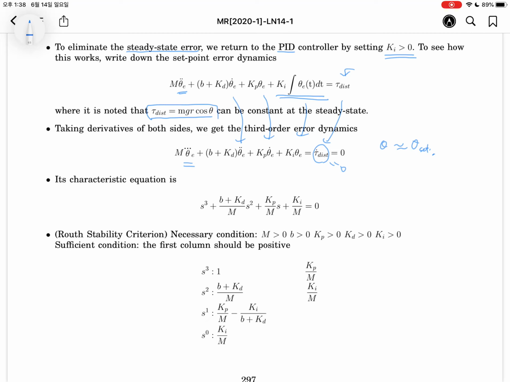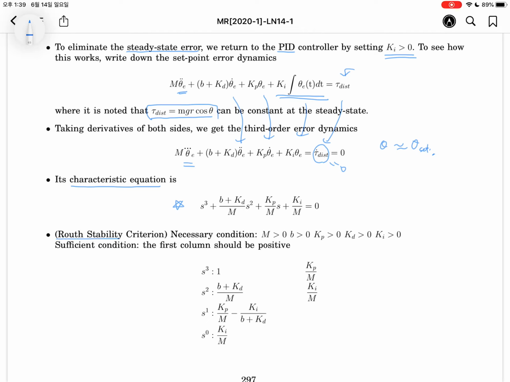If you take the characteristic equation, then we can get a third order polynomial in terms of the Laplace variable s, and by dividing all terms by m, we can get this equation as a monic polynomial. In order to determine the stability of a third order system, we will apply the Routh stability criterion.